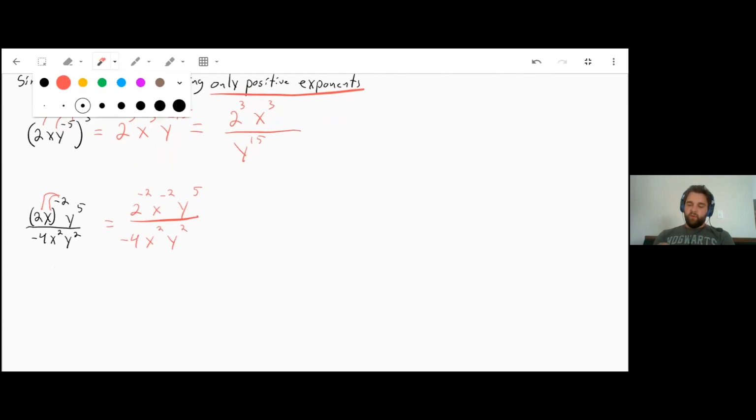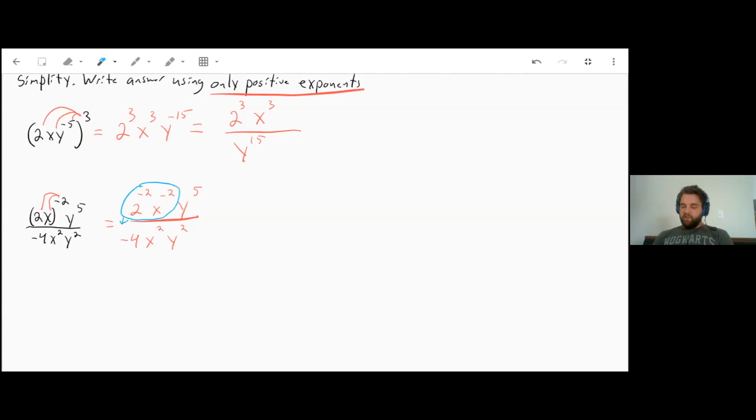We will want to bring these negative exponent parts to the other side to make them positive. So that means you'll be left with a y to the fifth on top. And on the bottom, we will then have a negative 4 times x squared times y squared times, we'll then have a 2 to the positive second power and an x to the positive second power.